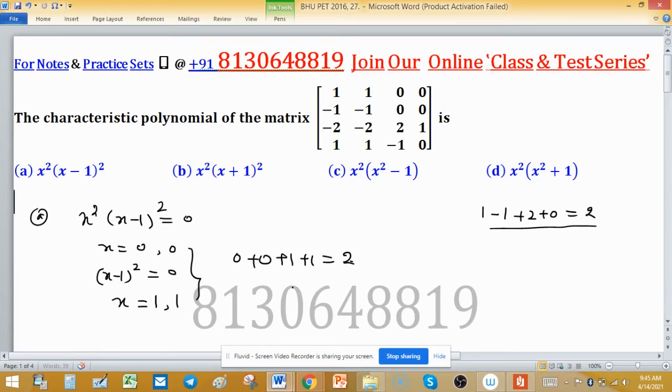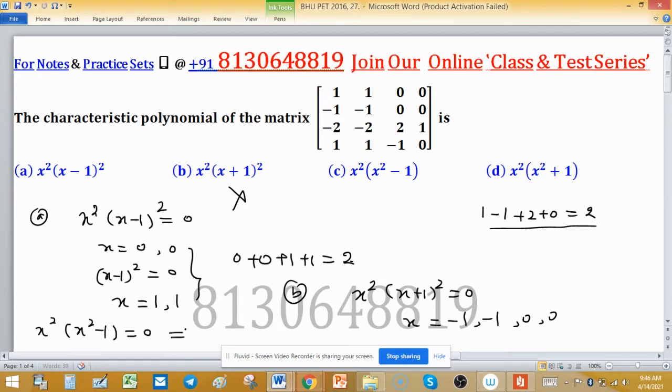Now check option B. In option B, x squared times (x plus 1) squared equals 0. The roots are x equal to minus 1, 0 and 0. These are the possible eigenvalues, so their sum is minus 2. So this is not a possibility. Option B is discarded. Now check option C: x squared times (x squared minus 1) is 0. This implies x equal to 0, 2 times, and x squared equal to 1, so the value of x is plus or minus 1.